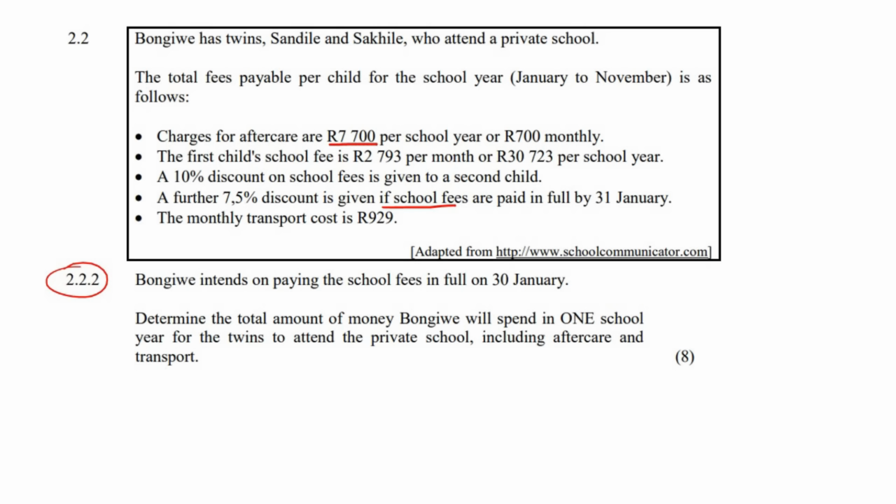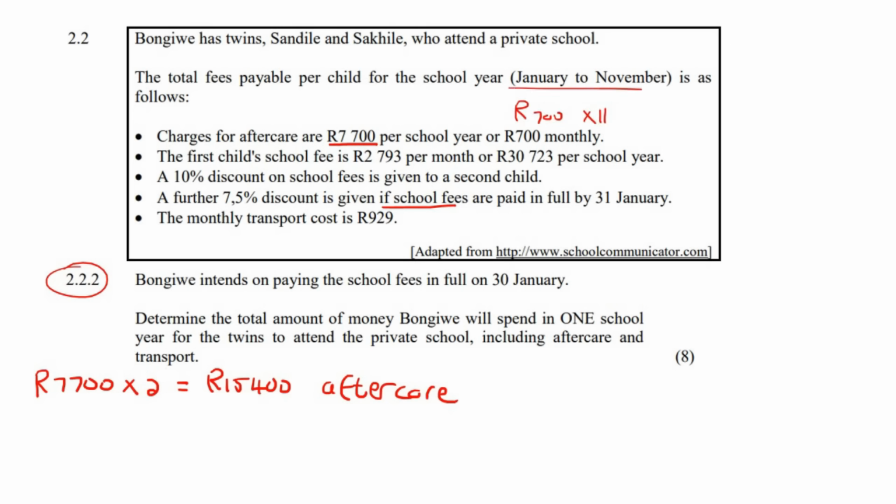So that's going to be 7,700 Rand per year, but we're going to multiply that by 2 because there's 2 children. And so that's going to be 15,400 Rand. That's for aftercare, okay? There's no discount if you pay early. Now you could have also done the 700 per month, but that would have just been 700 times 11, because there's 11 months, and that would have given you 7,700 anyways, okay?